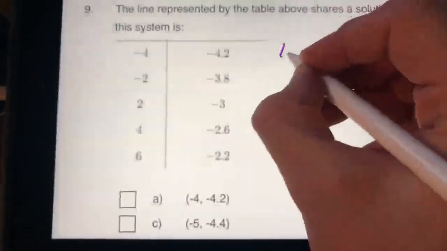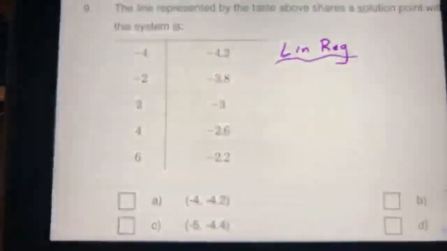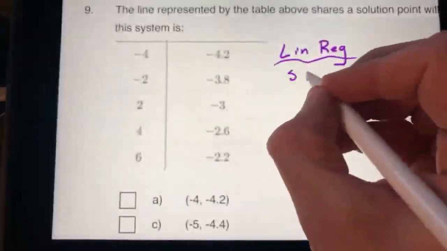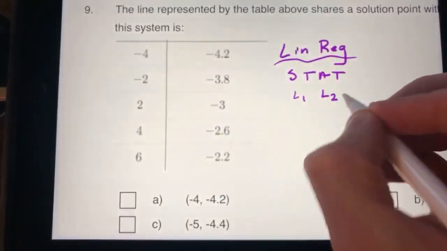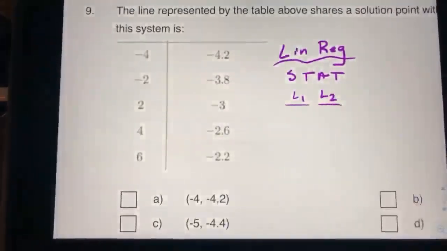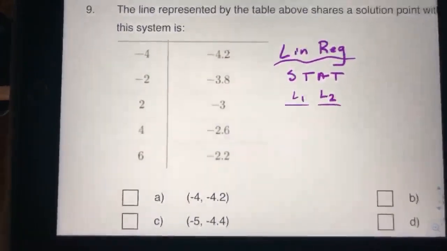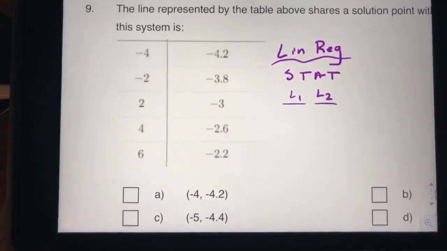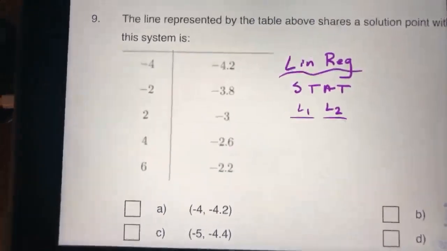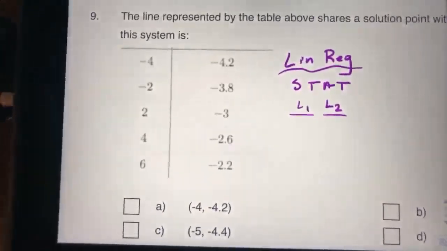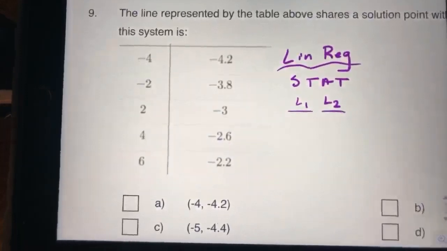So this would incorporate a linear regression on your graphing calculator. So that's going to be the stat button. And we're going to use L1 and L2 as kind of like our X and Y. Okay, so if you go into your graph, hit stat, you're going to hit enter for edit.